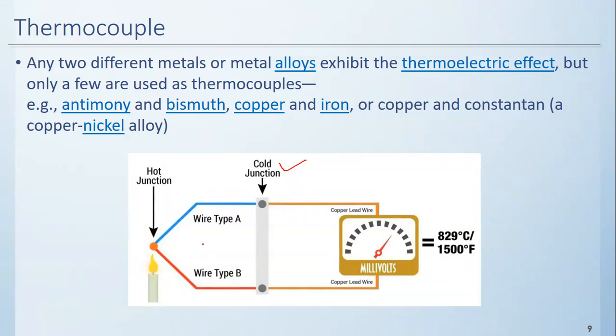So an EMF will be produced in the wire, and that can be measured, and you can relate this EMF to the change in temperature. Mostly, the materials used are a combination of antimony and bismuth, or copper and iron, or copper and constantan.